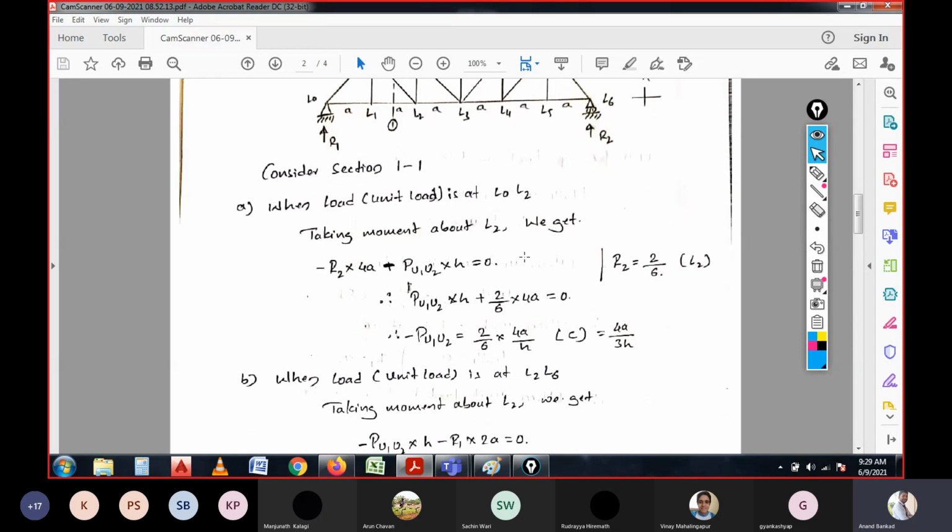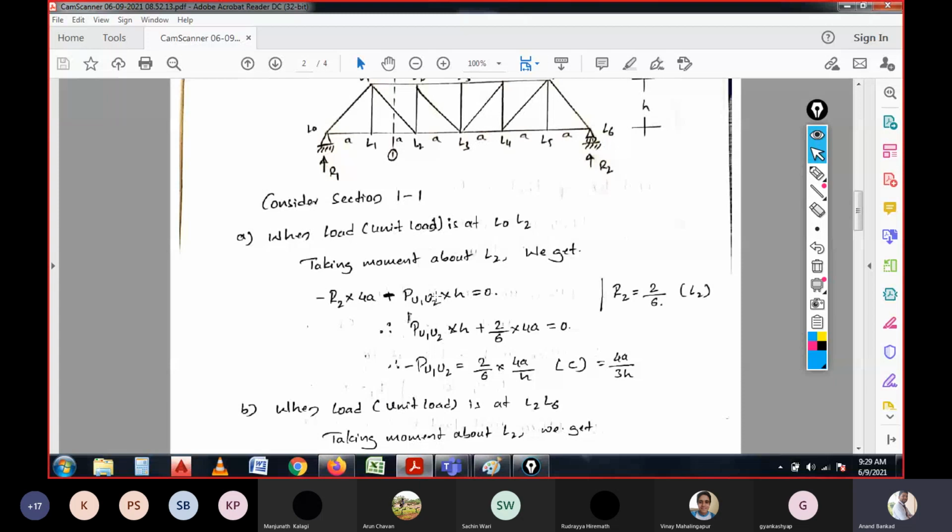After we simplify this, we end up with P U1 U2 into h. This R2 into 4a will be taken to the right side, then the negative sign will be plus over here.